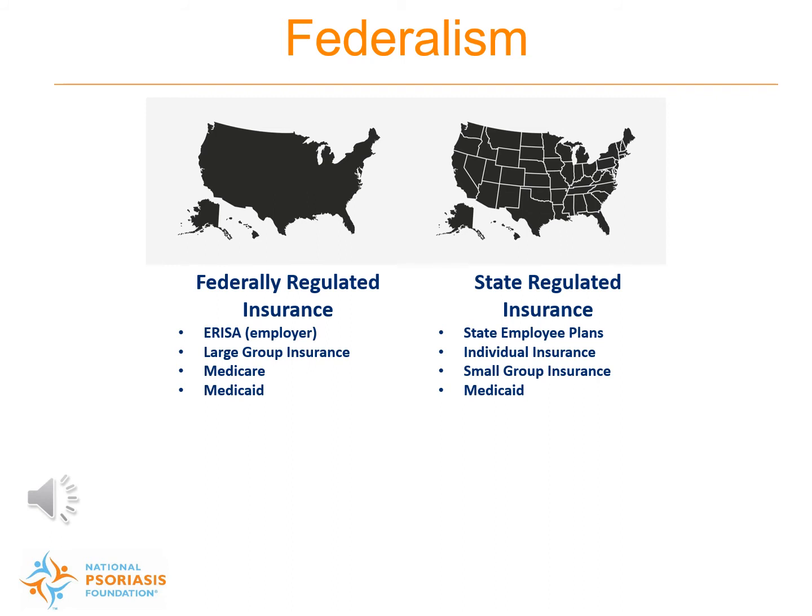At the state level, state government regulates state employee plans, individual insurance, small group insurance, and Medicaid. You will notice that Medicaid is listed under both the federal and state. This is because Medicaid is concurrently regulated by both the federal government and the state government.